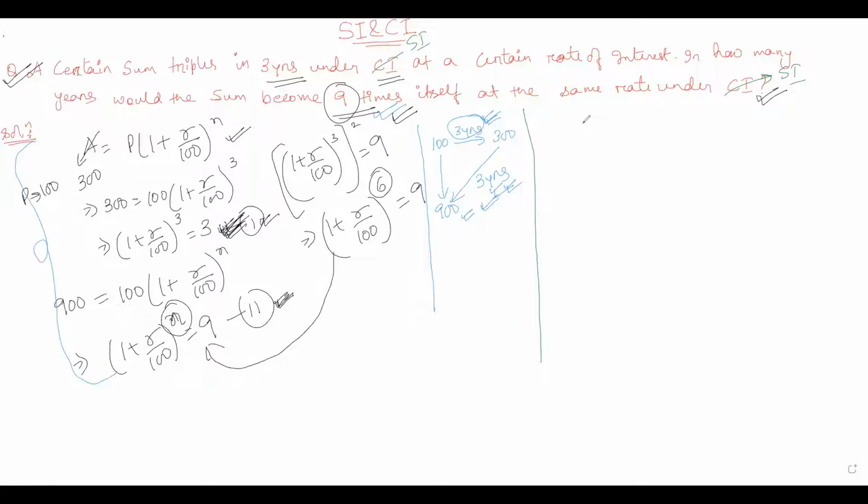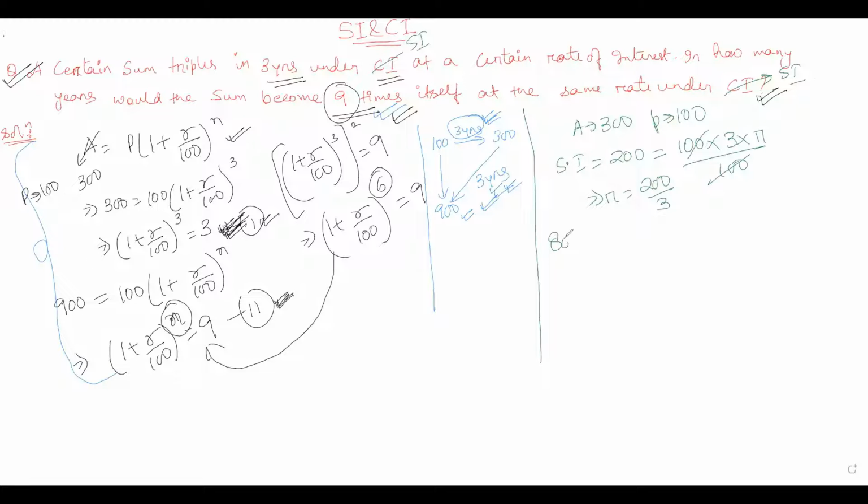The certain sum becomes triple in 3 years. So I can say that the amount is 300 for a principal of rupees 100. So the simple interest would be 200, and we know that simple interest is P times n, that is 3, times rate upon 100. If you solve this out, the rate of interest would be 200 by 3. Now the sum has to become 9 times, so 100 rupees has to become 900.